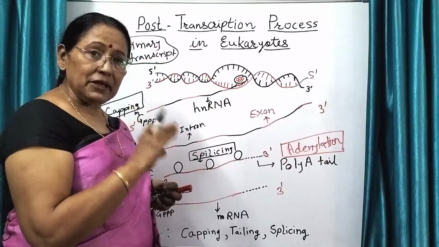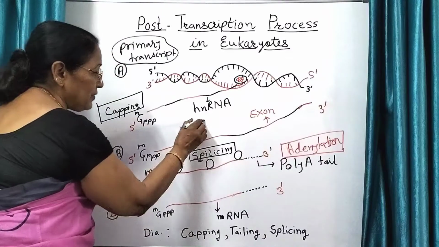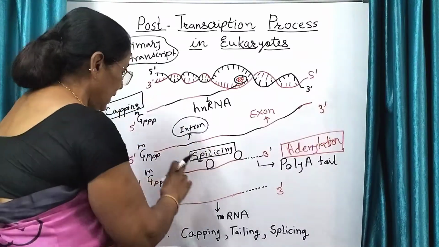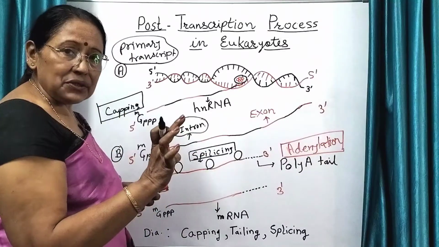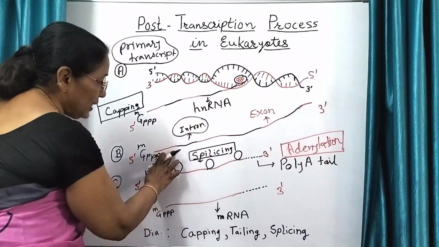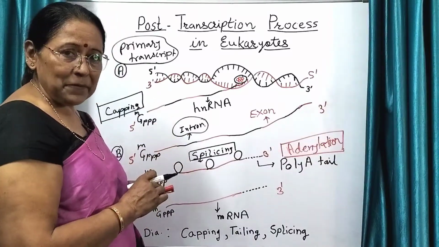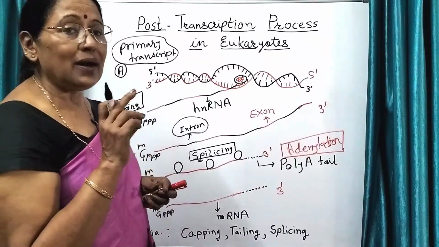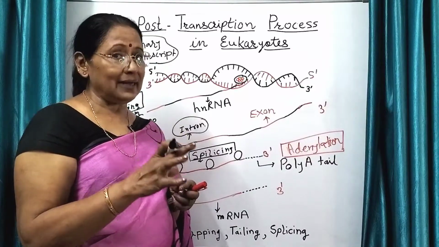Splicing is the removal of these introns which interrupt the two exons, and then joining together of the exons. Other than that, there are two other processes called capping and tailing.